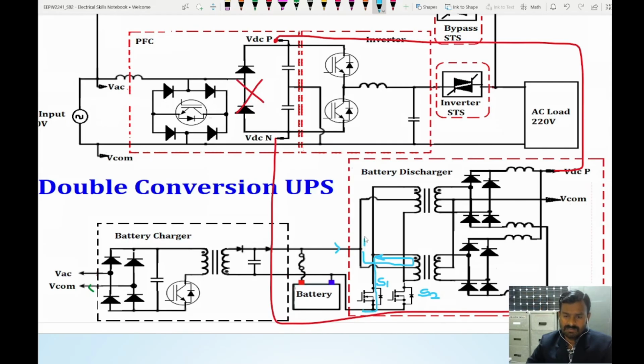At the same time, power flow takes place in this path. It will come back like this, so it will add up. The two path currents will be added at this junction, and it will go to the switch and to the battery negative side.